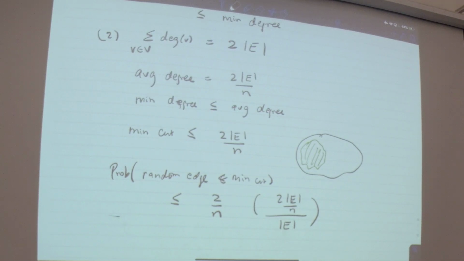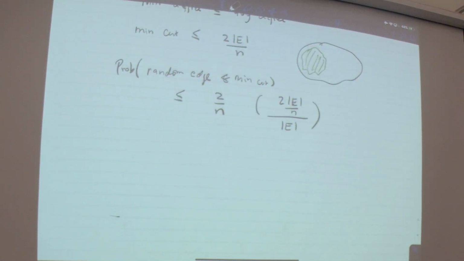Now here's what we want though. Let's think of the sequence of edges we pick. We're going to pick exactly n minus 1 edges, because every edge we pick reduces the number of vertices by 1. So there's a sequence of edges, E1, E2, leading to E(n minus 1).